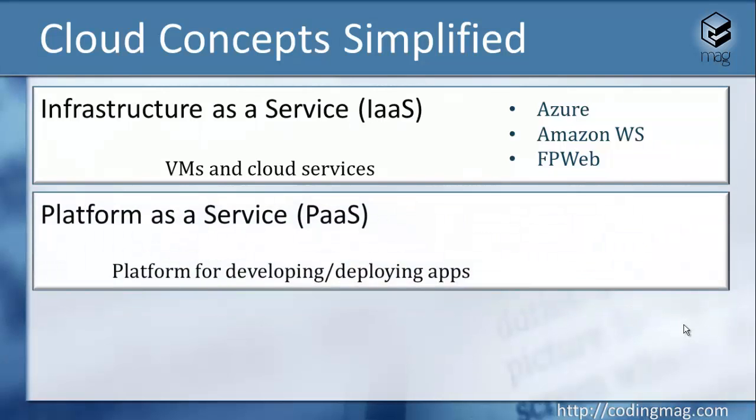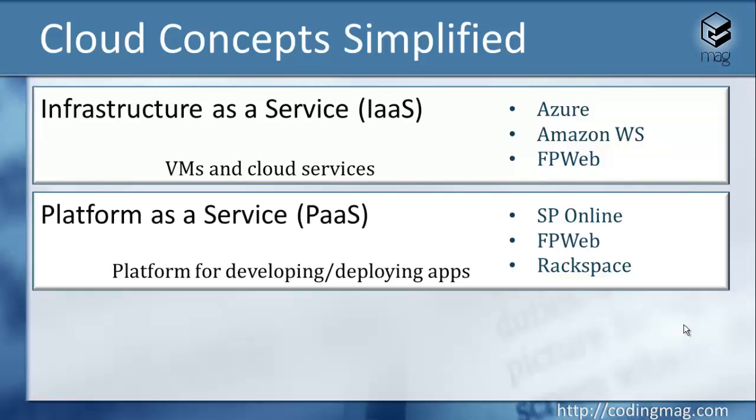The other option is platform as a service. So what is it? Actually, it is renting a platform in the cloud for developing and deploying your own apps to that platform. Some sample providers are SharePoint Online, which is tightly integrated with Office 365, so it's referred to as Office 365 also in some other sources.